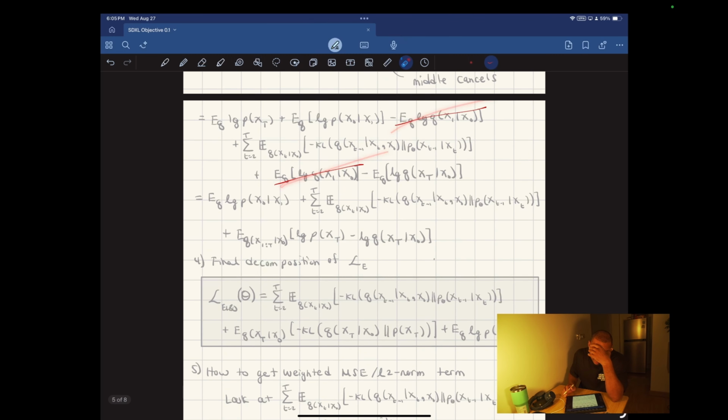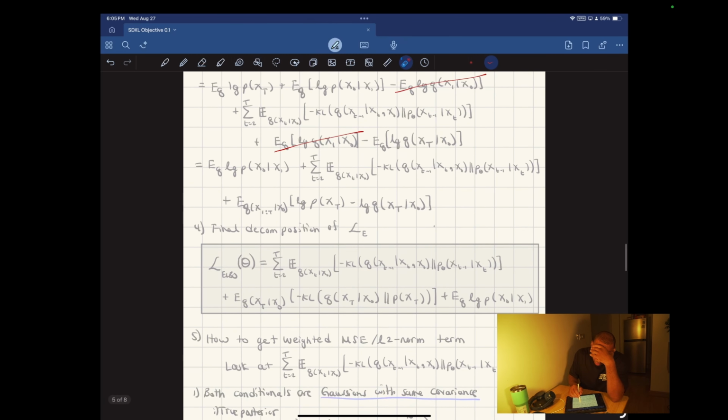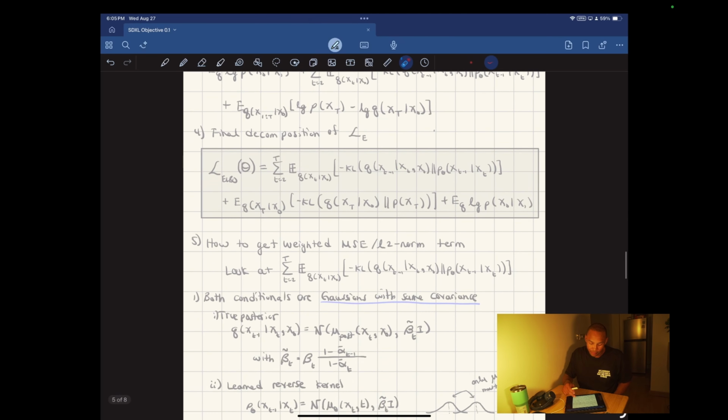We find that we have these cancellations. We group this with this here, which turns into this KL divergence. And then we bring this term through and this term through. And this is the general decomposition of the loss function.